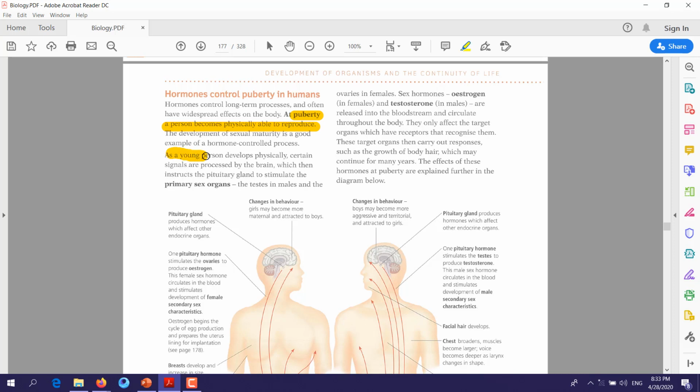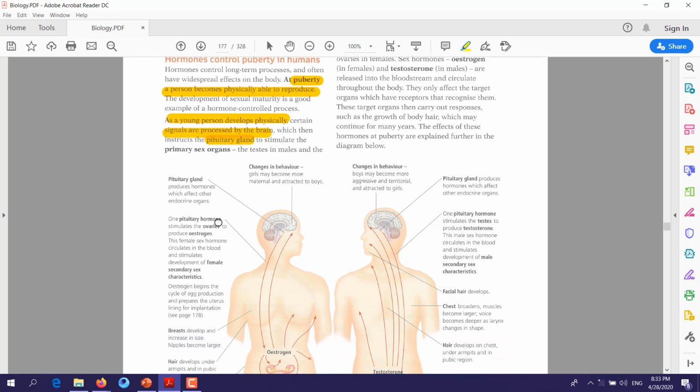As a young person develops physically, certain signals are processed by the brain. A message is sent from the brain to a specific gland in our body, which we call the pituitary gland.